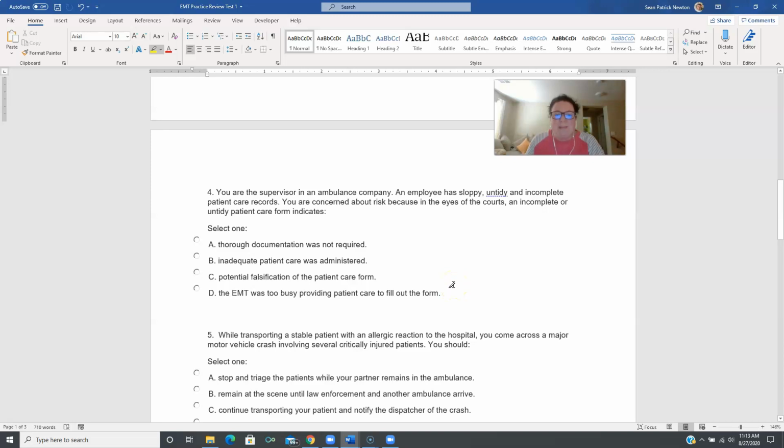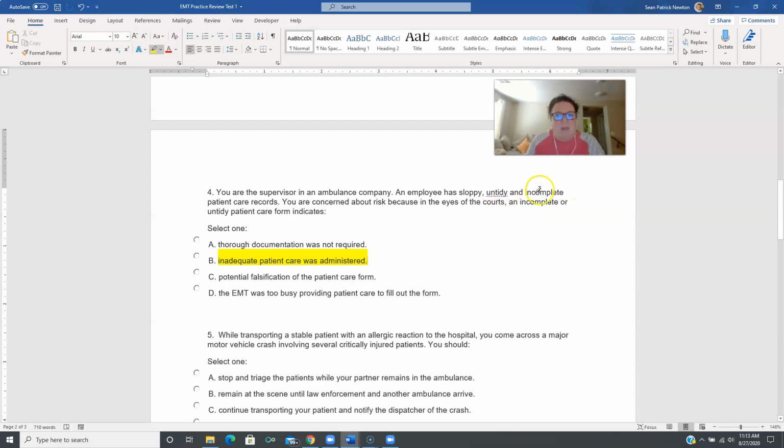B, inadequate patient care was administered. Well, again, yes, if you didn't document it, you didn't do it. And if it's sloppy, untidy, and incomplete, it means that you didn't provide really good care in the eyes of a court. We talked about this in the documentation lecture. So this is a really good answer. C, potential falsification. Well, it doesn't mean you're lying on the form because you're untidy, sloppy, and incomplete.